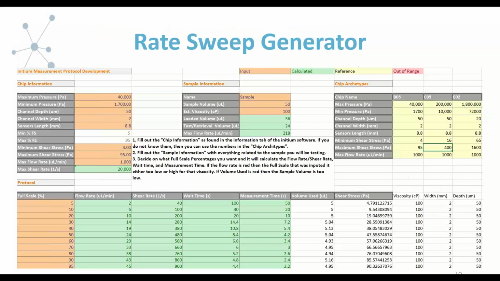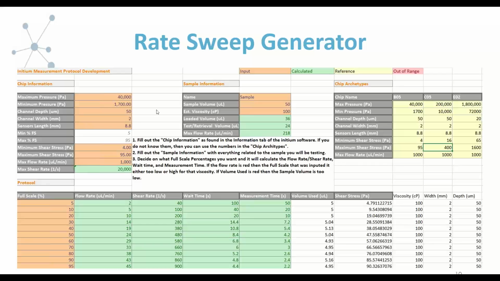And so this brings me to the rate sweep generator spreadsheet that we have internally and that we can share with you, our customers, where here on the right, we have a summary of different chips and what those parameters are. We have a region where you can input your sample information, how much volume you have, the estimated viscosity, and so on and so forth.